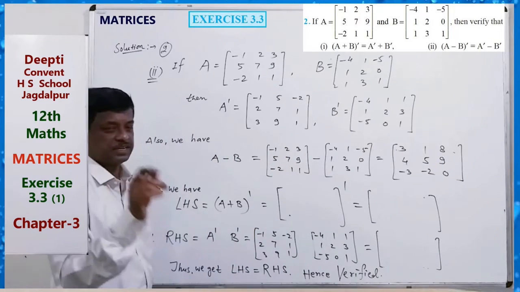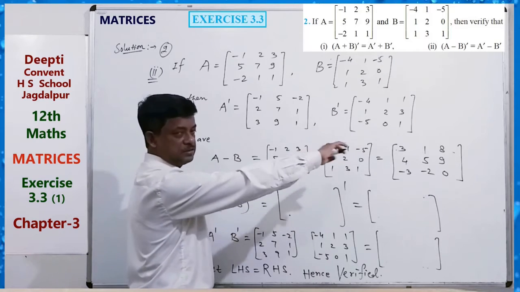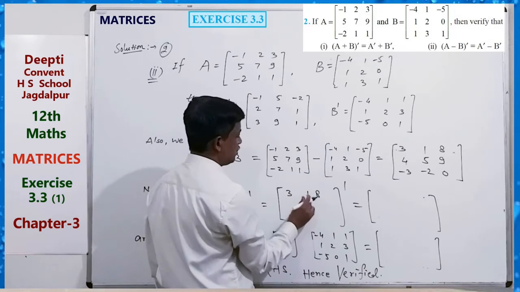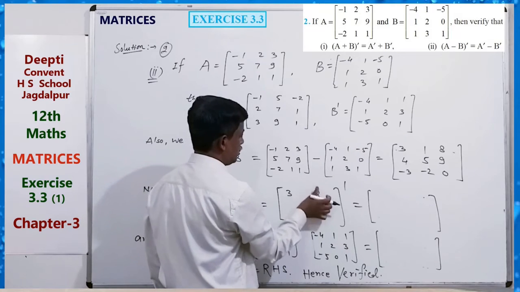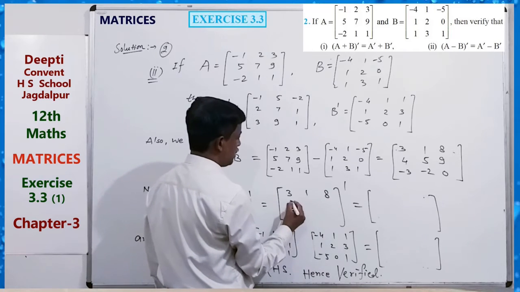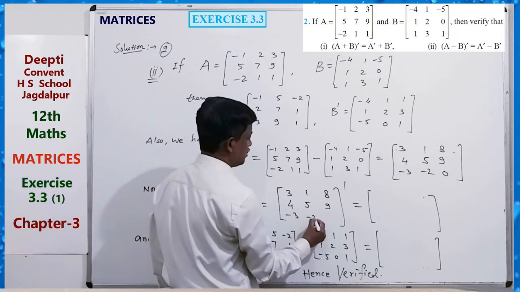Now take the transpose of this matrix: 3, 1, 8; 4, 5, 9; minus 3, minus 2, 0.